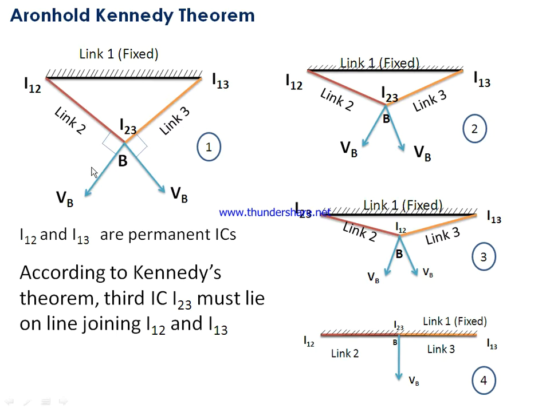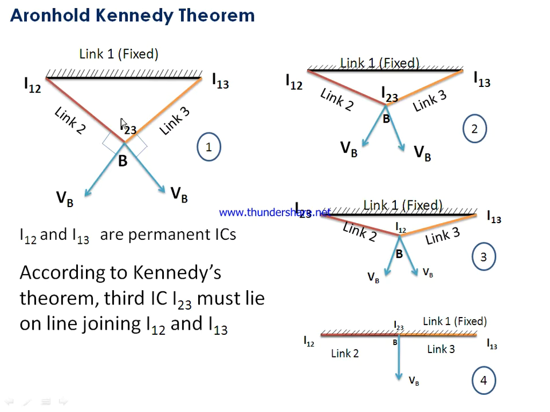For this particular configuration of three linkages, the instantaneous center of rotation between link 1 and link 2 is here, I12. The instantaneous center of rotation between link 3 and link 1 is here at this joint, I13.